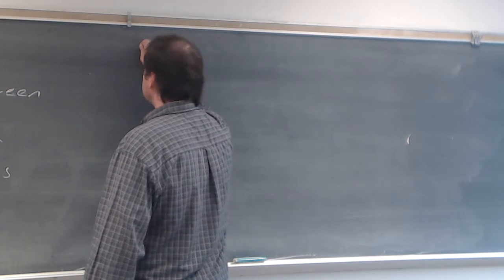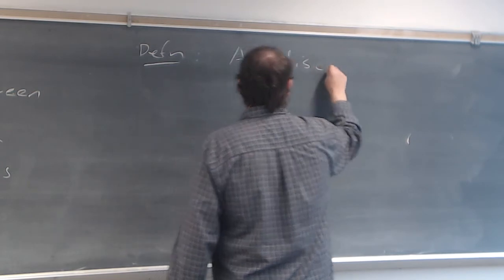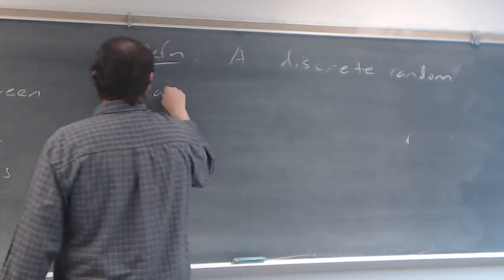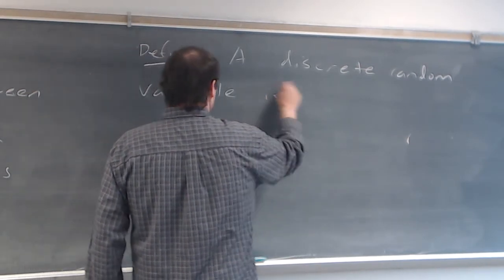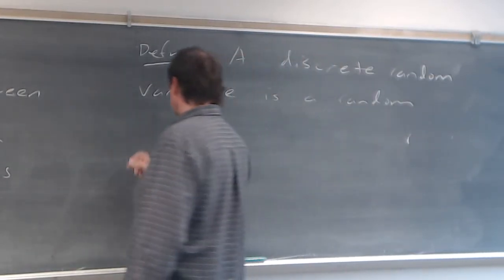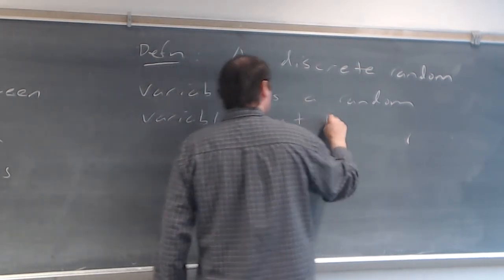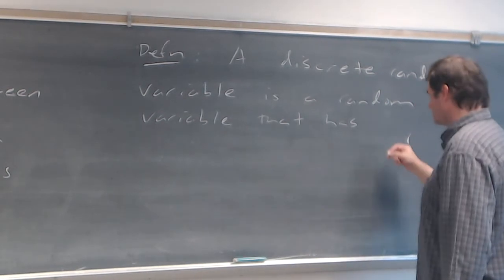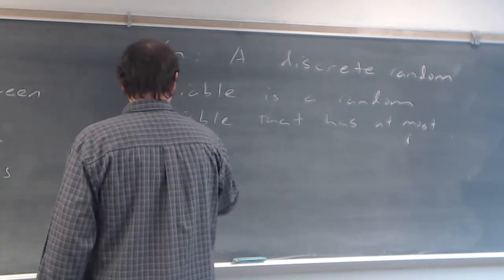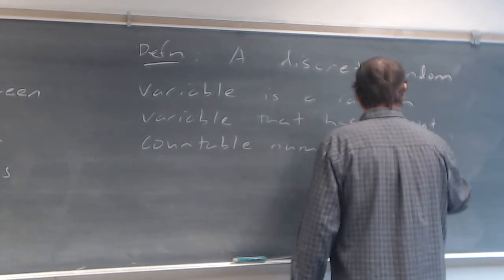So as a definition, a discrete random variable is a random variable that has at most countable number of output values.